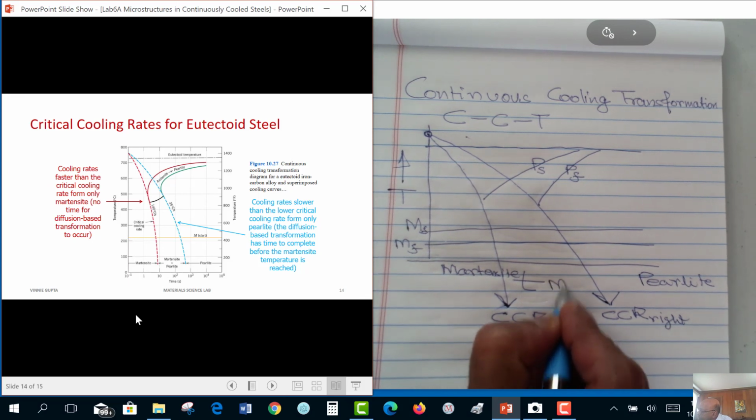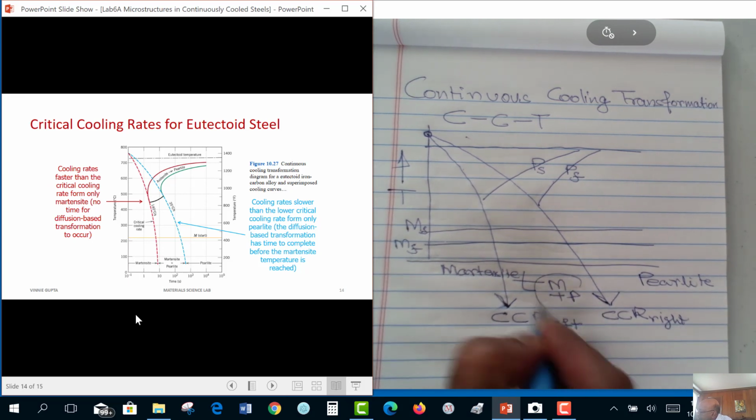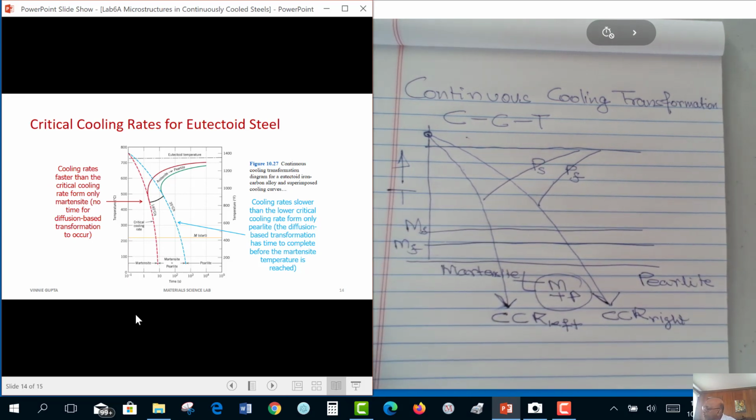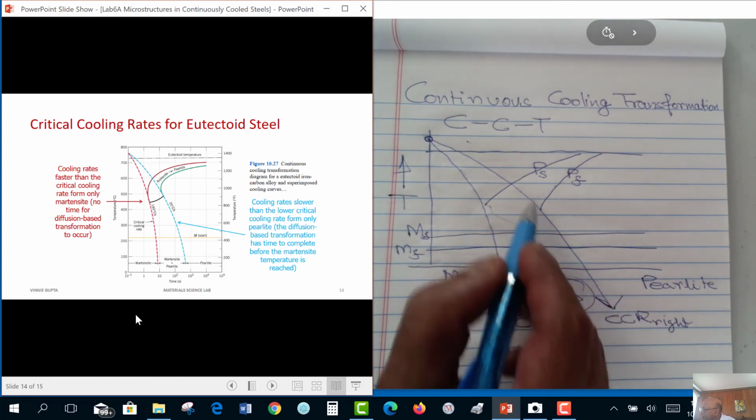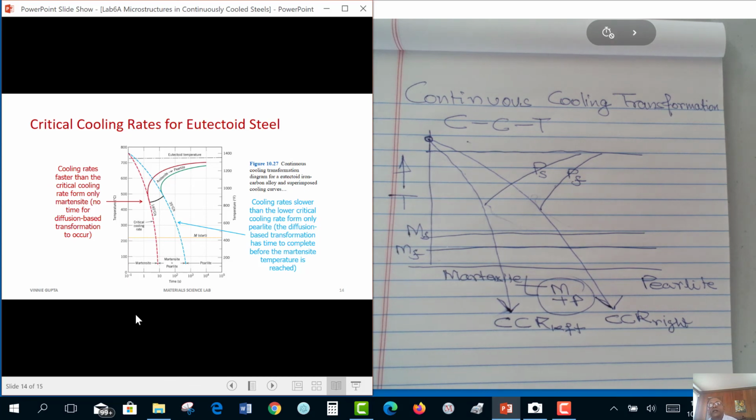In between, we'll get a martensite and pearlite mixture. Notice these cooling rates never hit the bottom half of the C curve. So we cannot form bainite in continuous cooling in eutectoid steels.